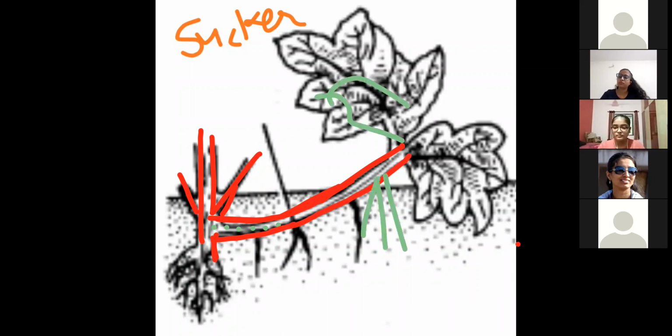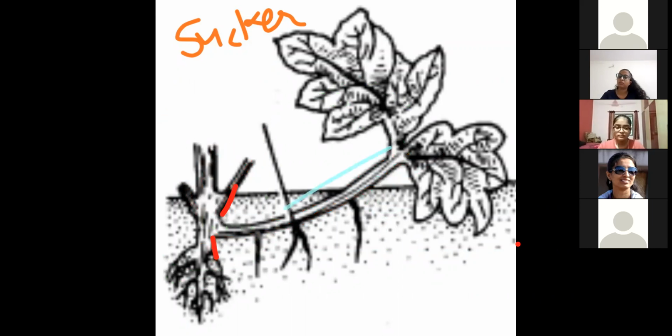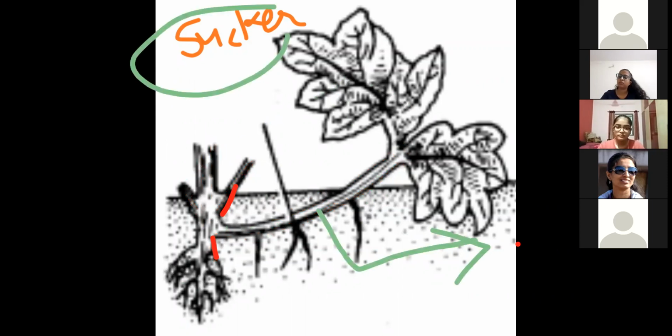So till it develops its own system, it gets nourishment from its main plant body, the mother body. That's why it sucks the nourishment from the mother plant body. That's why this branch is known as a sucker.